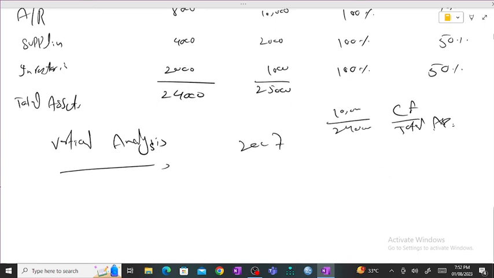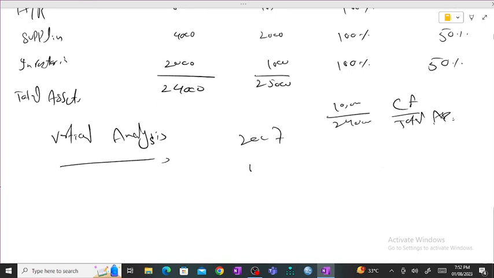For cash we have 42%, then 8,000 divided by 24,000 becomes 33%, then the next becomes 17%, and then 8%. So these were the trend analysis and vertical analysis for both the income statement and the balance sheet. Hope you have a better understanding.